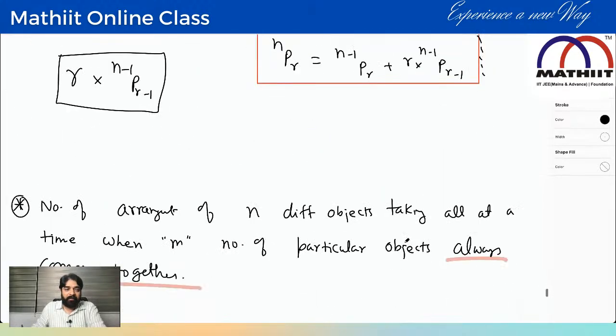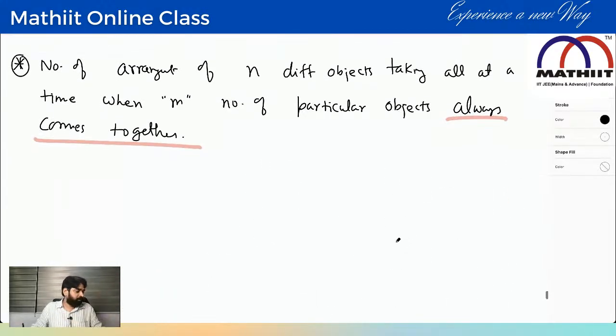Now this question, everyone can give me the answer. The number of arrangements of n different objects taking all objects at a time, when m particular objects always come together. Only one student gave an answer. I'm not sure if it's correct or wrong, that we'll see later.